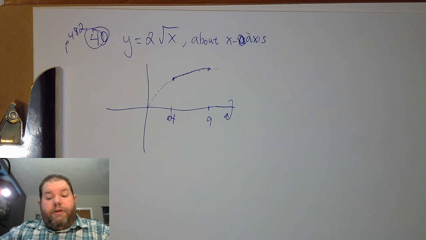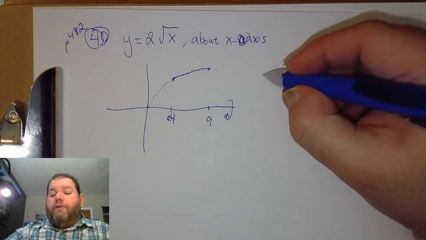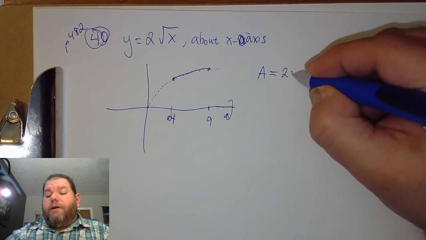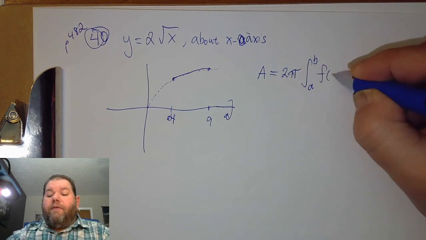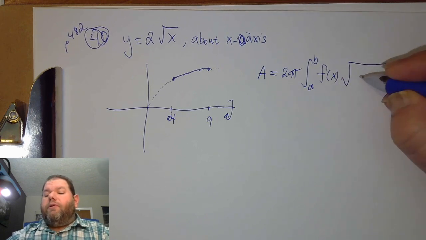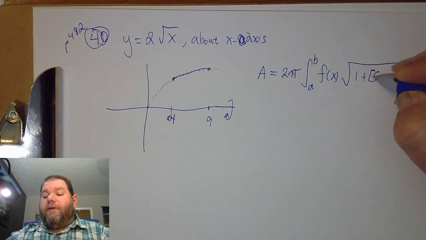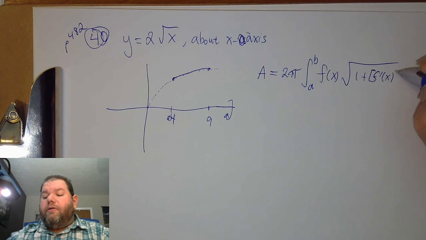So, since we're going around the x-axis, you use this formula, 2 pi integral a to b of f of x square root of 1 plus f prime of x squared dx.